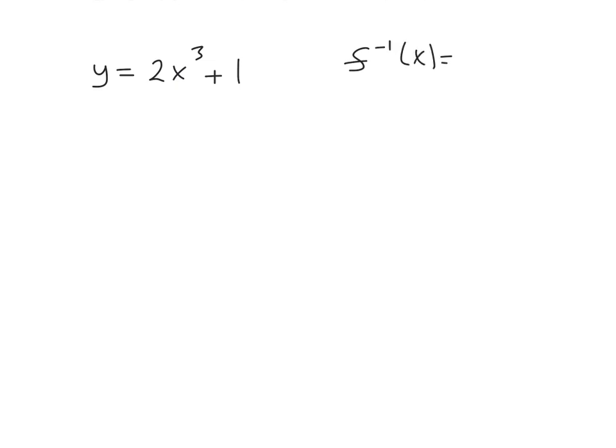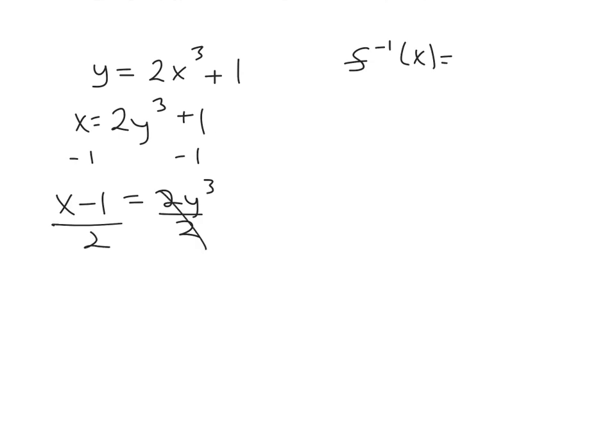I'm going to swap them, so I've got x is equal to 2y cubed plus 1. Now let's solve for y. We're going to subtract 1 on both sides, so I've got x minus 1 is equal to 2y cubed. Now I'm going to divide by 2 on both sides, and so I've got (x minus 1) over 2 is equal to y cubed.